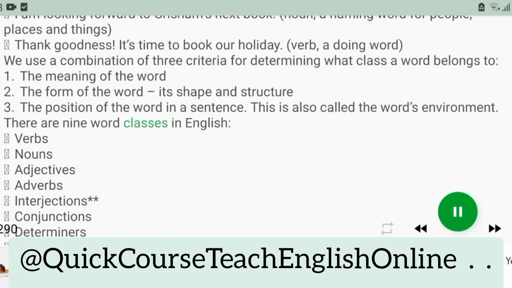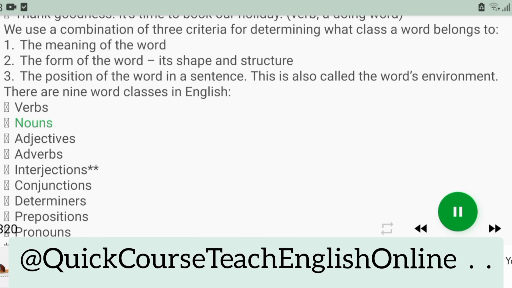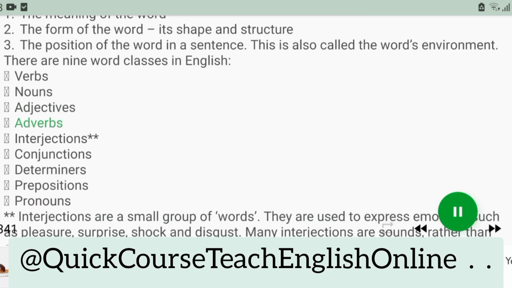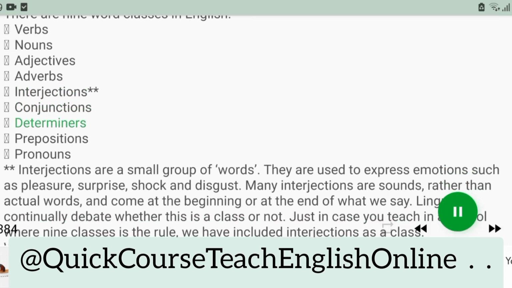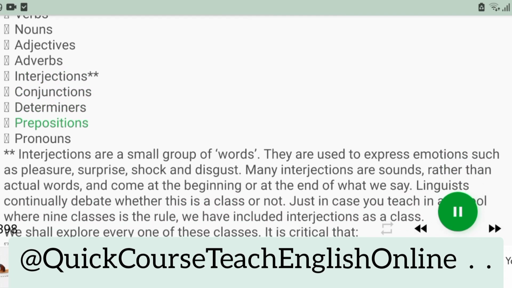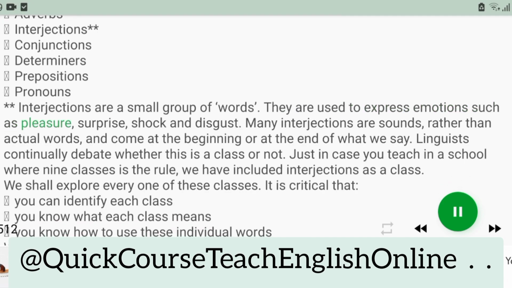There are 9 word classes in English. Verbs. Nouns. Adjectives. Adverbs. Interjections. Conjunctions. Determiners. Prepositions. Pronouns. Interjections are a small group of words. They are used to express emotions such as pleasure, surprise, shock, and disgust.